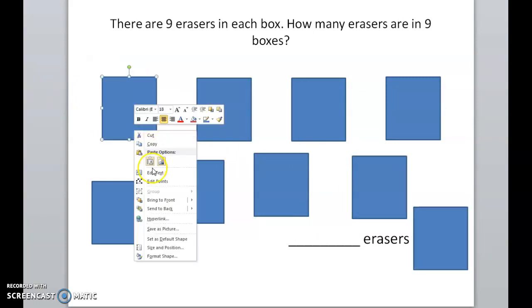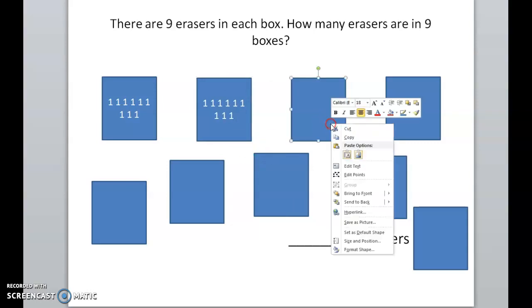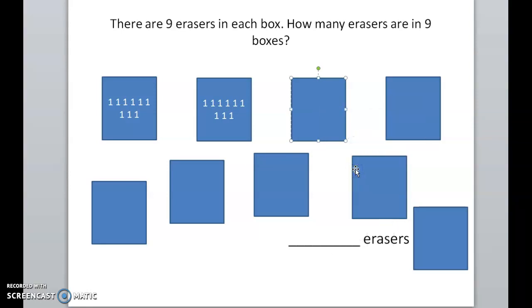And then we will do the same thing. 1, 2, 3, 4, 5, 6, 7, 8, 9 in the first box, and the same in each of the other boxes.